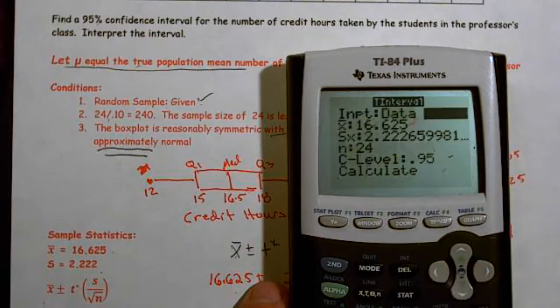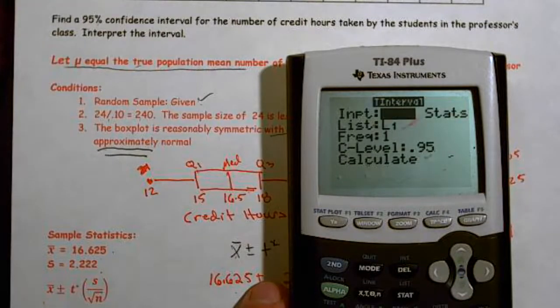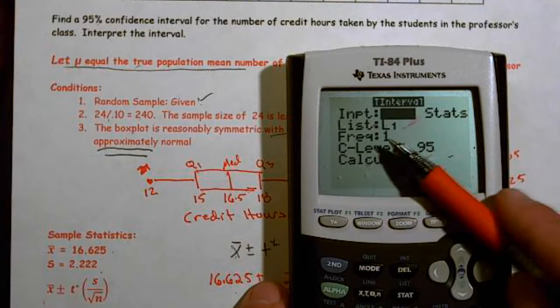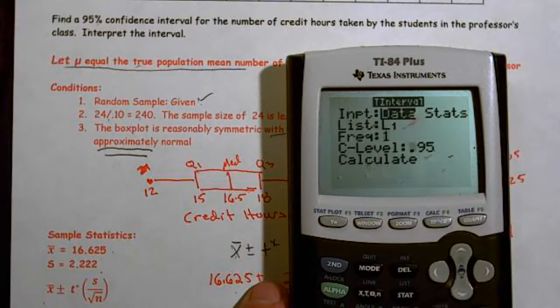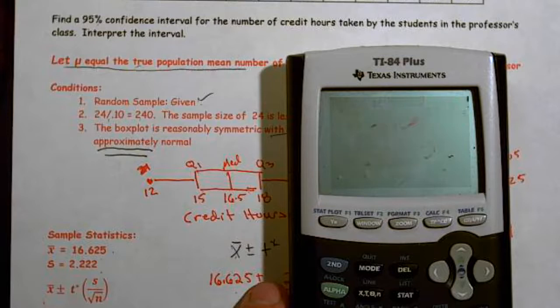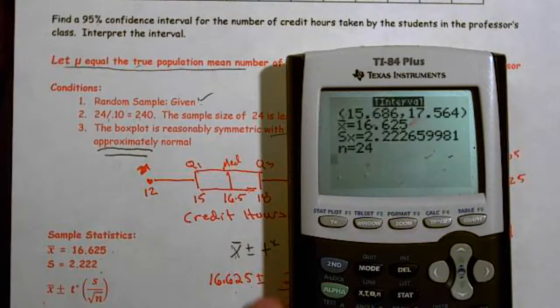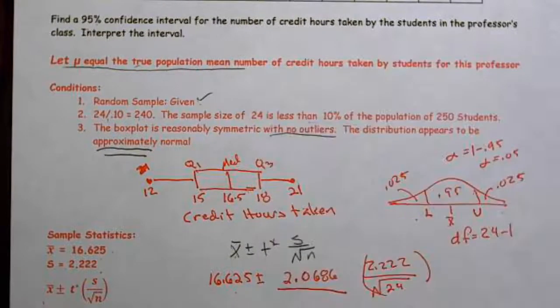A lot of times your calculator is going to be on stats, and you're going to need to arrow over to data because we have a data list in the calculator, and our data list is in L1. Frequency is 1, and I need to make a 95% confidence level, so 0.95, and I press calculate, and that gives me my lower bound and my upper bound.